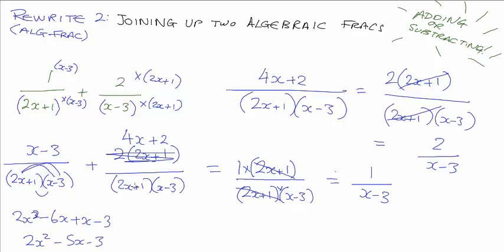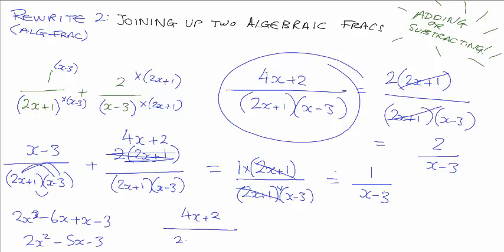So if you had multiplied these things out and got to this stage, you would have had your fraction as 4x plus 2 over 2x squared minus 5x minus 3. And there's no way you would have seen that you were able to rewrite the top and bottom as a chain of things multiplying and cancel one thing out.